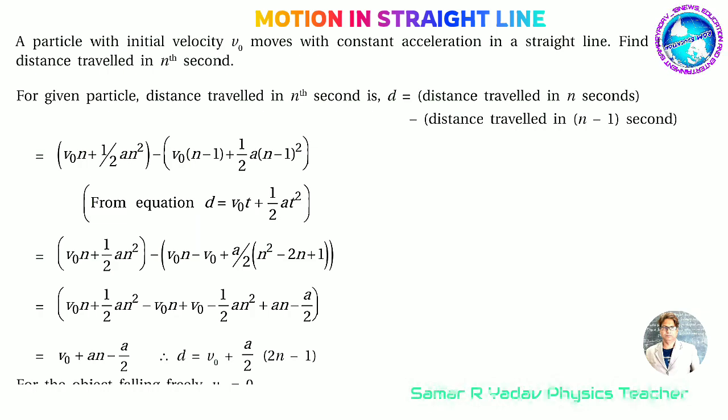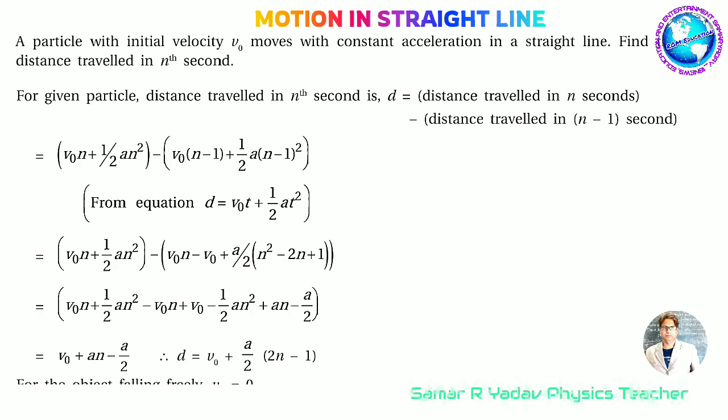For the given particle, the distance traveled in the nth second is d, which is equal to (distance traveled in n seconds) minus (distance traveled in (n minus 1) seconds), which is equal to (v0 n plus 1/2 a n square) minus (v0 (n minus 1) plus 1/2 a (n minus 1) whole square).